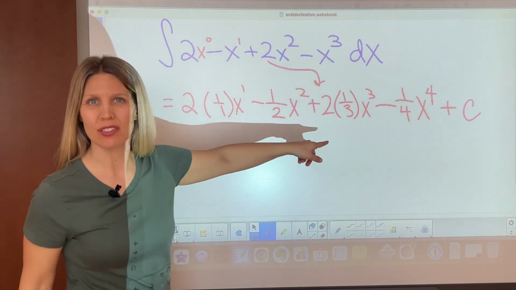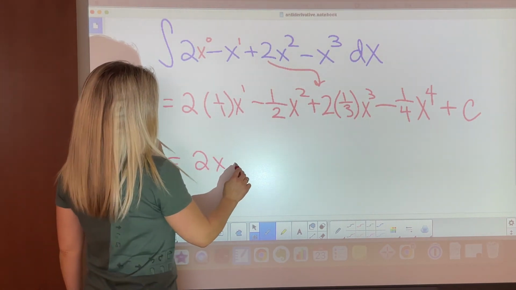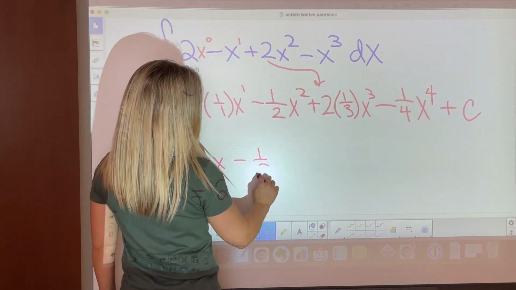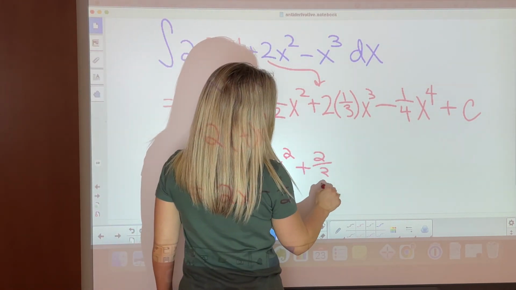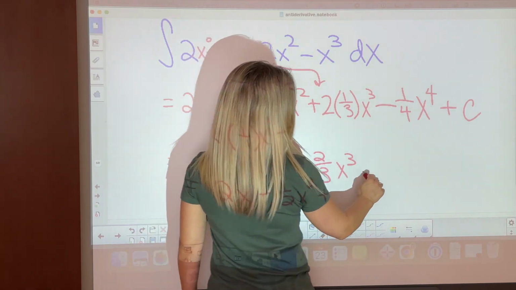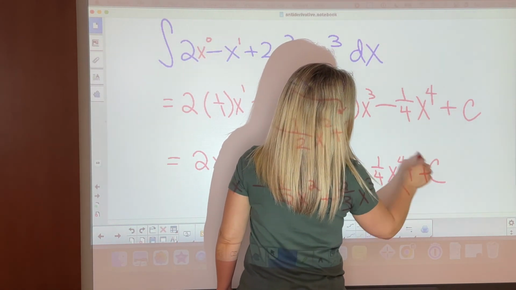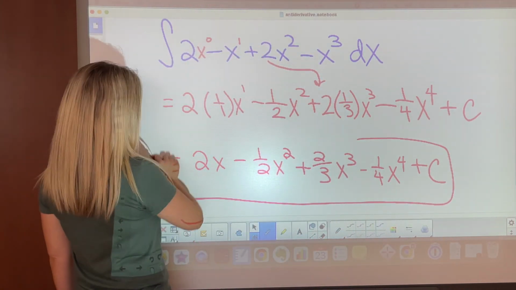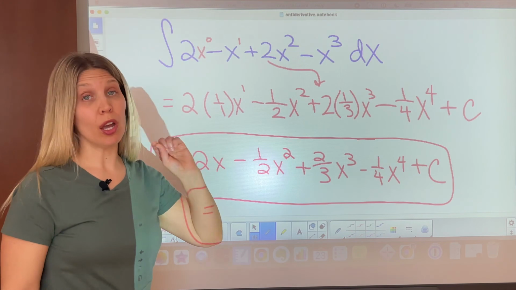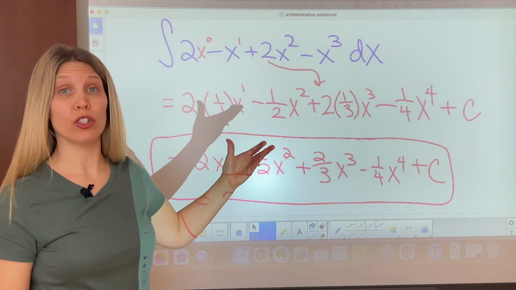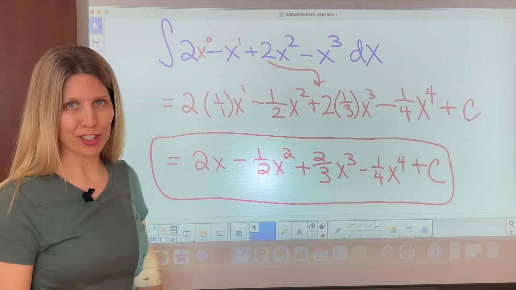Even the best of us forget that sometimes. Okay, now let's go through and simplify. 2x minus 1/2 x squared plus 2/3 x cubed minus 1/4 x to the 4th plus c. Not too much to simplify there. However, some textbooks or some teachers may want you to put it in order of your highest exponent first, so just something to pay attention to.